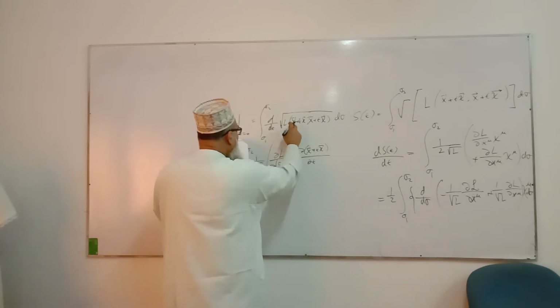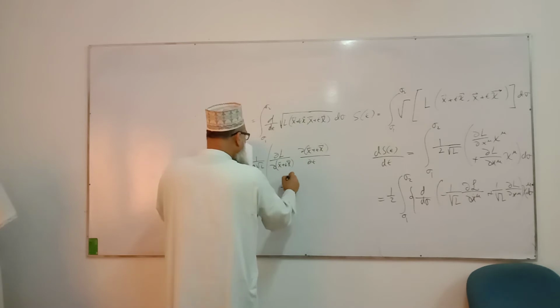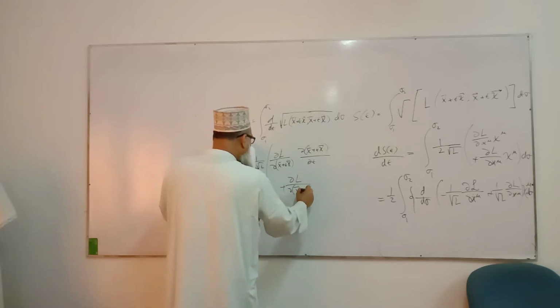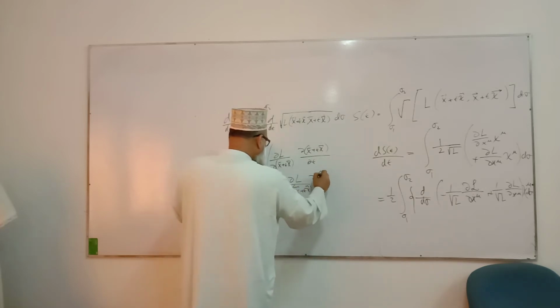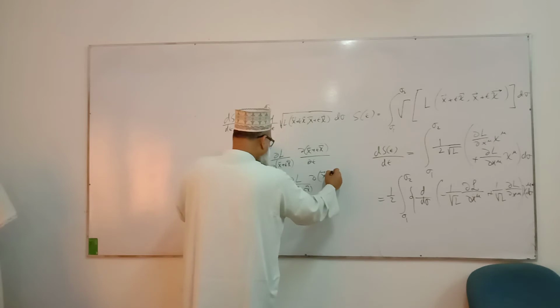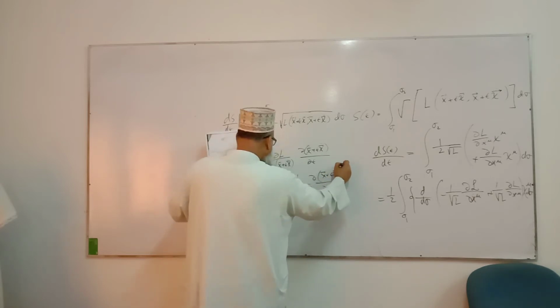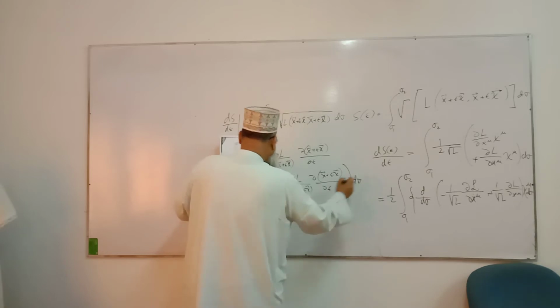Plus, come to this point, del L by del of x plus epsilon chi vector, times del of x plus epsilon chi vector divided by del epsilon, d sigma.